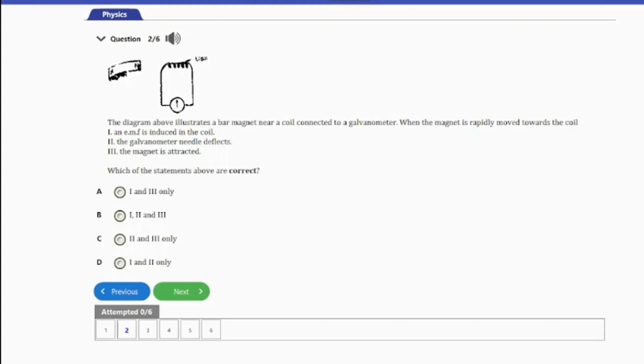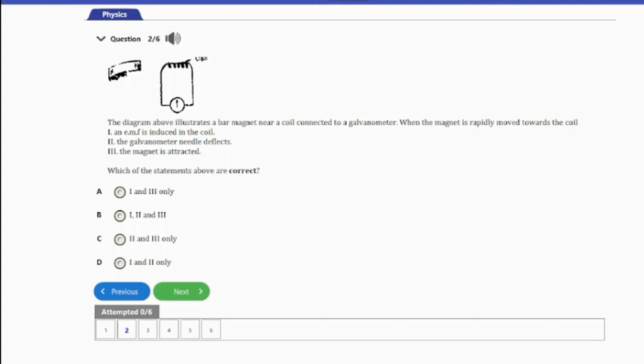The magnet is attracted. So it says here, which of the statements above is correct? We have A, I and II, B, I and III, C, I and II only, D, II and III only.